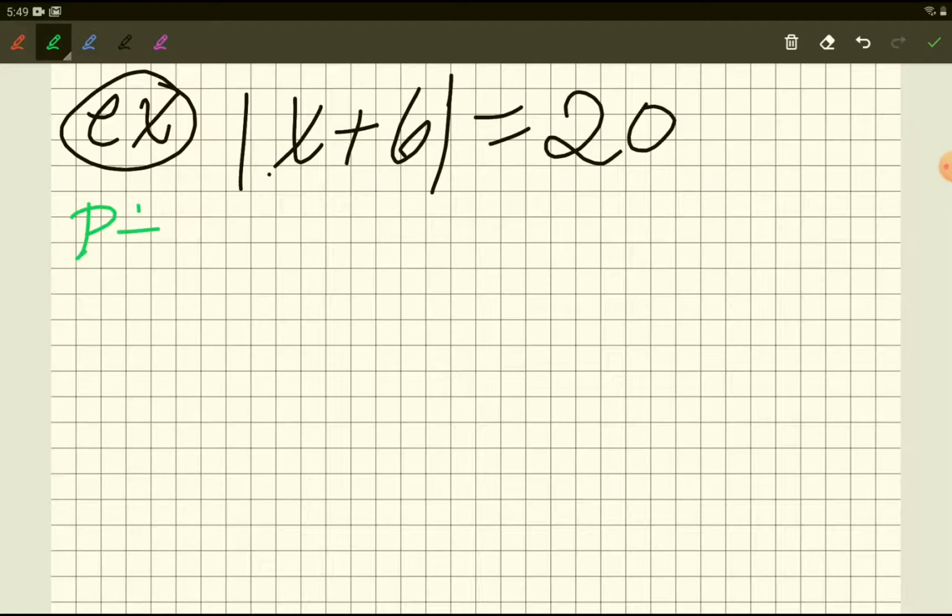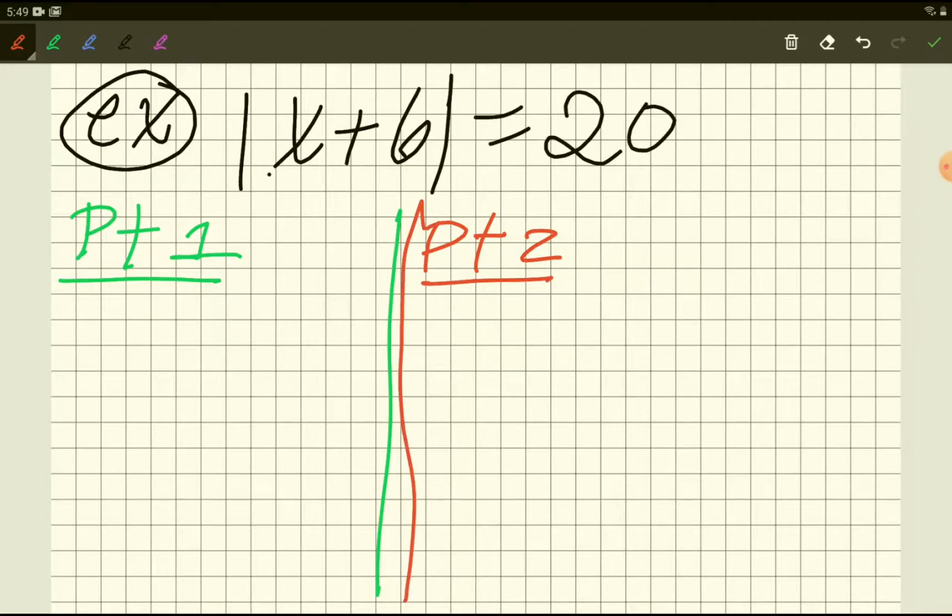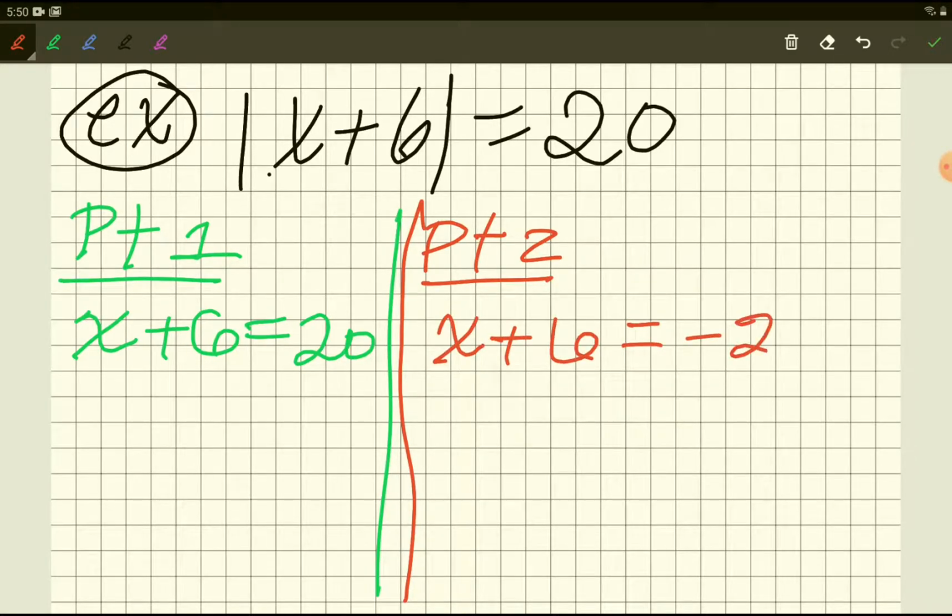Part 1 is the setup: x plus 6 equals 20. Part 2 is the setup: x plus 6 equals negative 20.